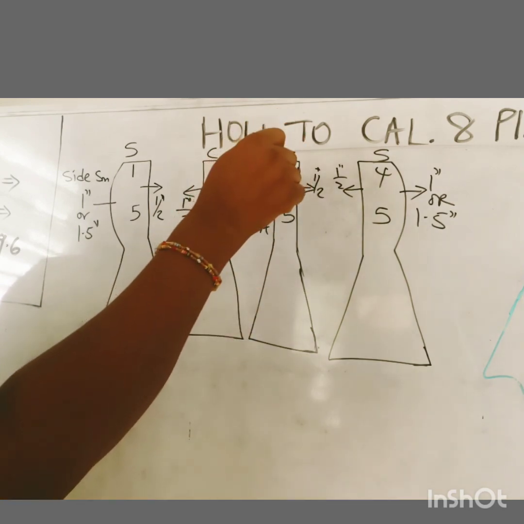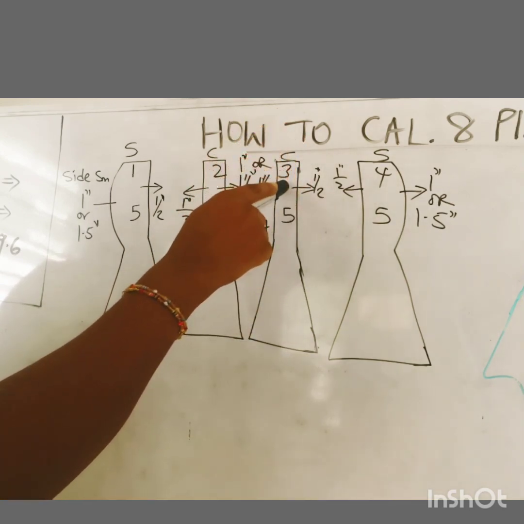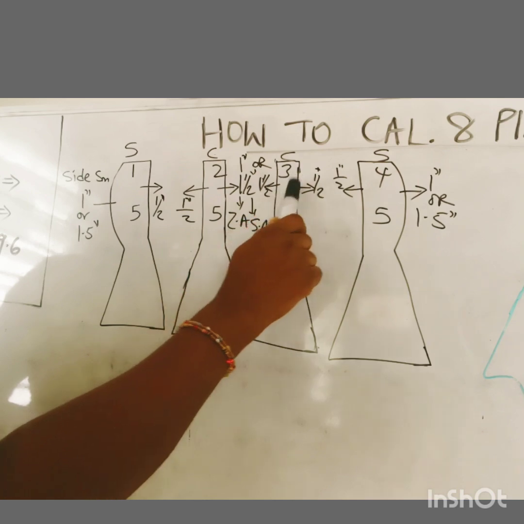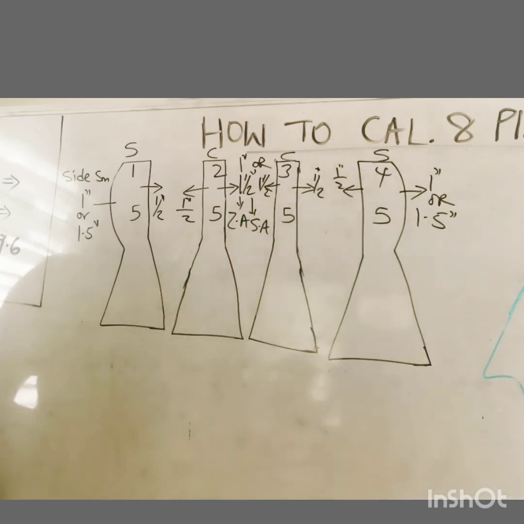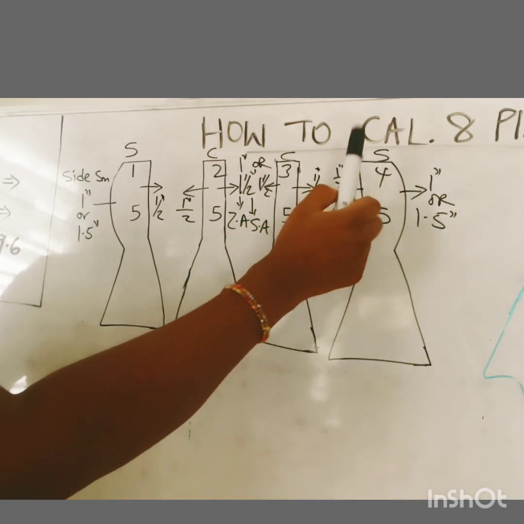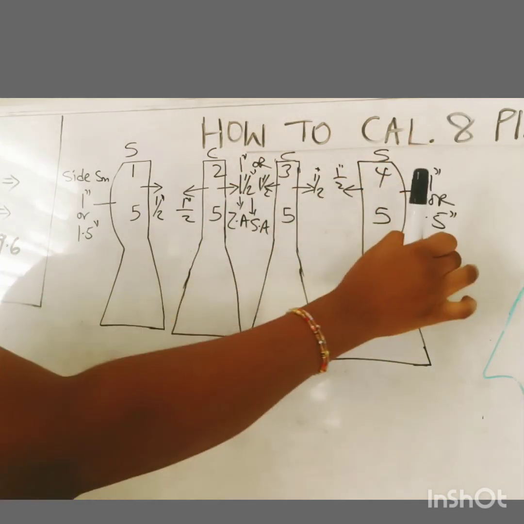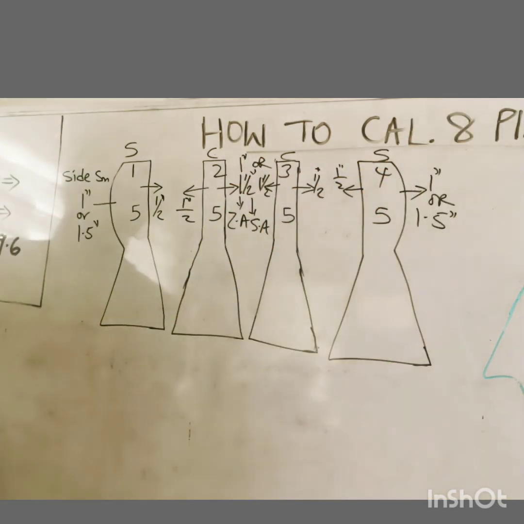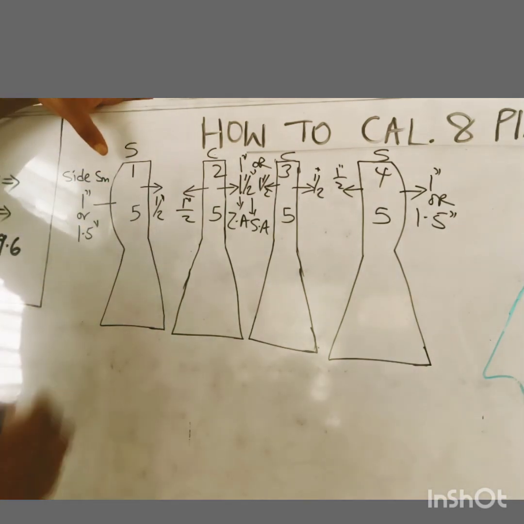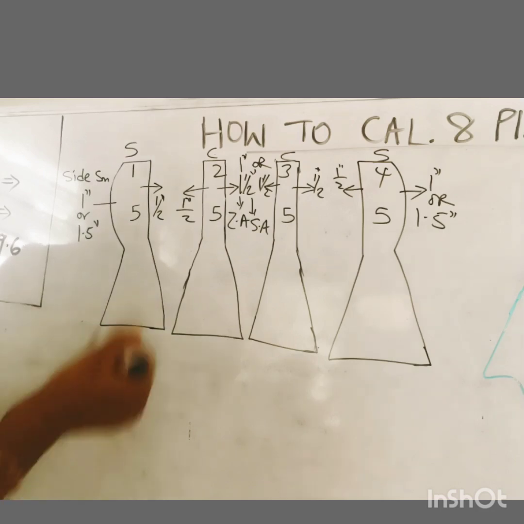And then this third panel or piece, you need 1/2 inch to join it to number 4, and this number 4 you need 1/2 inch to join it to 3, and then you need the side seam.